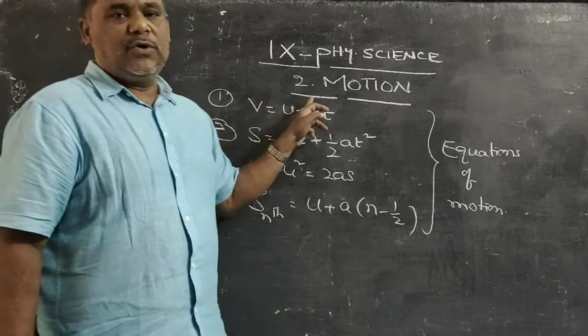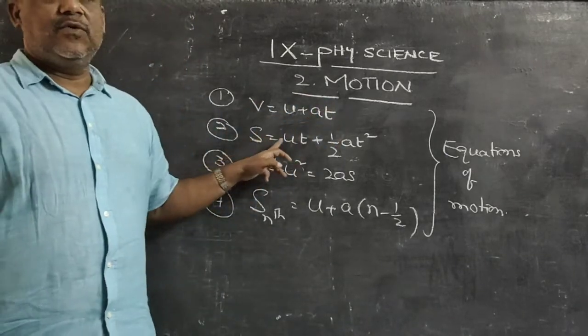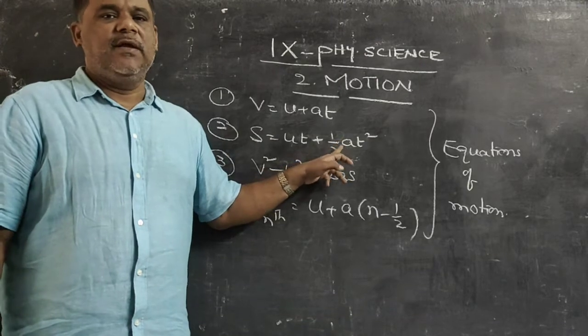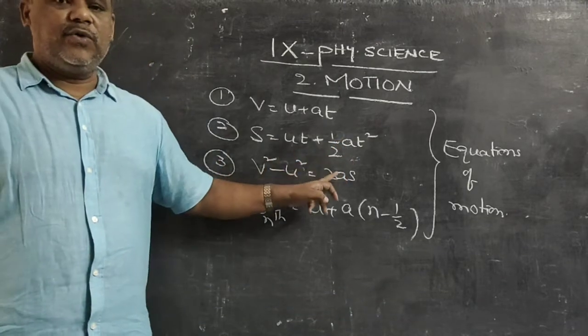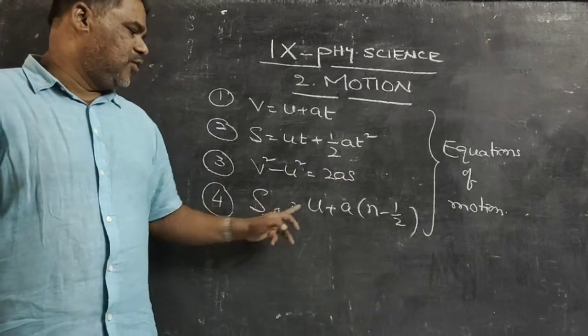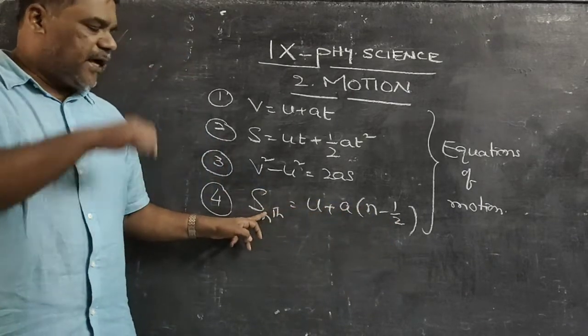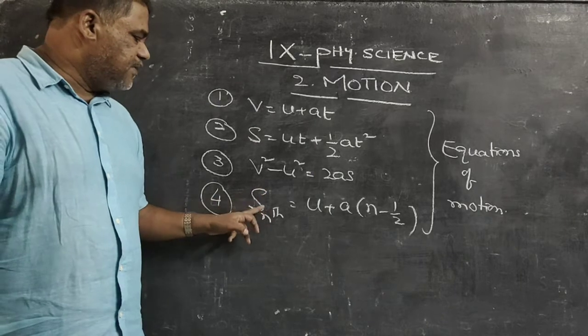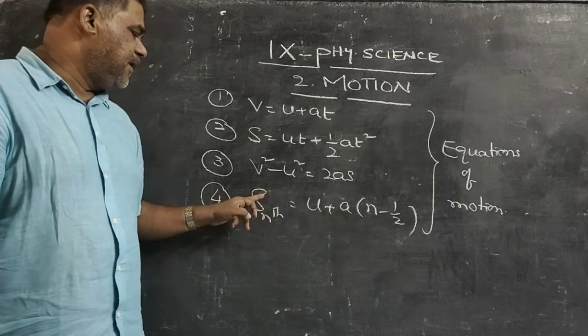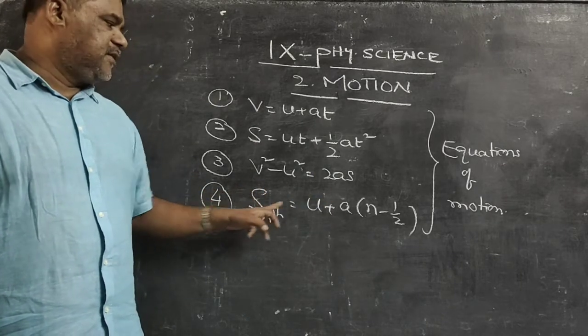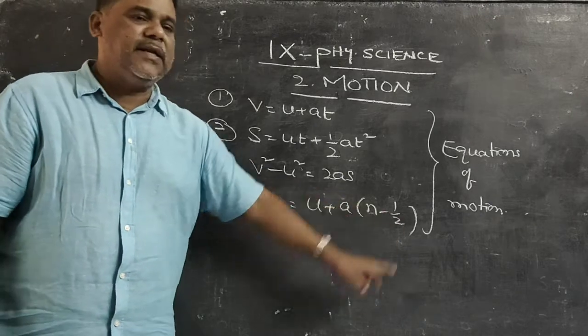V is equal to U plus AT, S is equal to UT plus half AT square, V square minus U square is equal to 2AS, Sn is equal to U plus A into n minus half. Here n is called time. The displacement in a particular second is given by the formula Sn is equal to U plus A into n minus half.